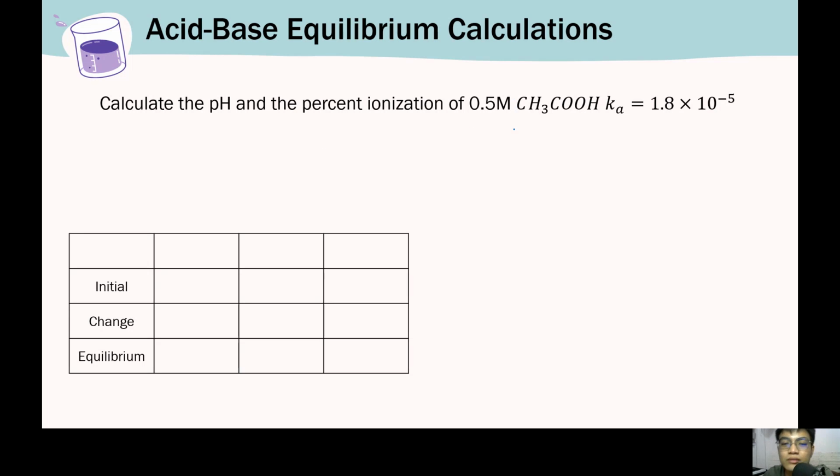So by now, you should know how to write the dissociation reaction. Kailangan marunong na. So all you need to do is to write CH3COOH, and that will equilibrate with H plus and your anion. Okay? So ganun na lang gagawin nyo.